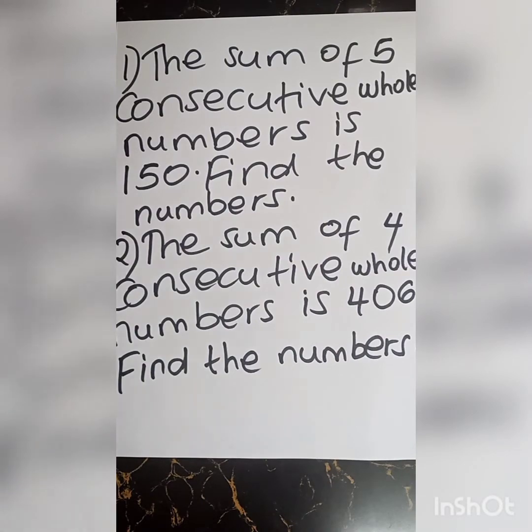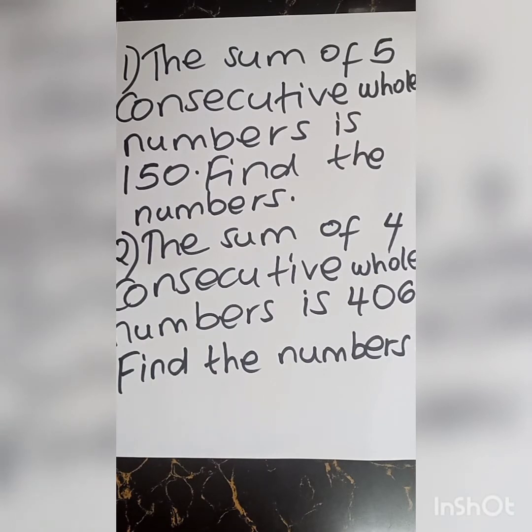First of all, before we start answering the question, what did we say whole numbers are? Can you remember? Whole numbers, we said, are basically any numbers from 0 to infinity that are not fractions or decimals, okay? And here, we've been told that the sum of 5 consecutive whole numbers is 150.